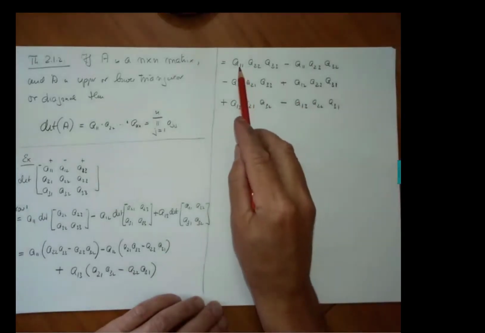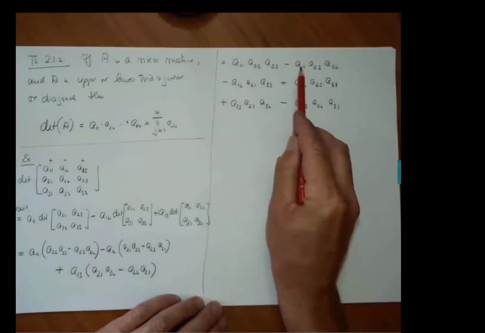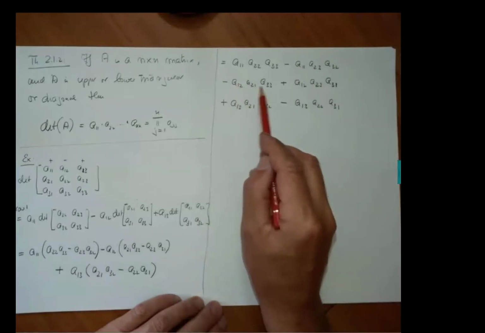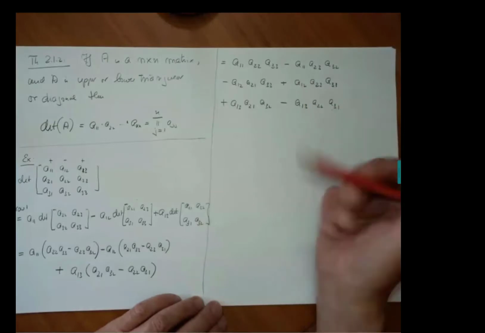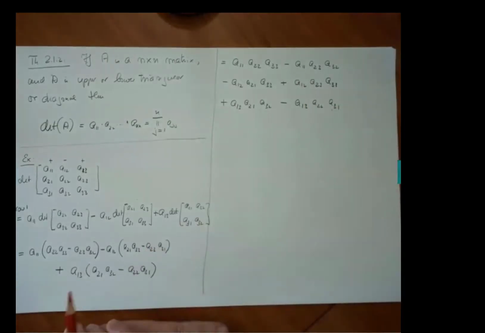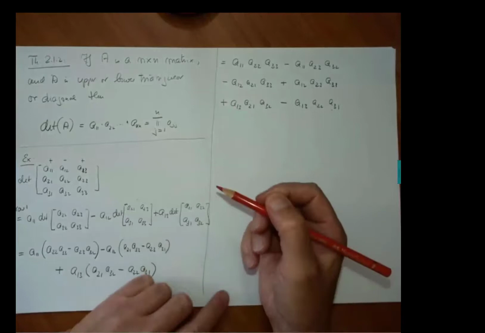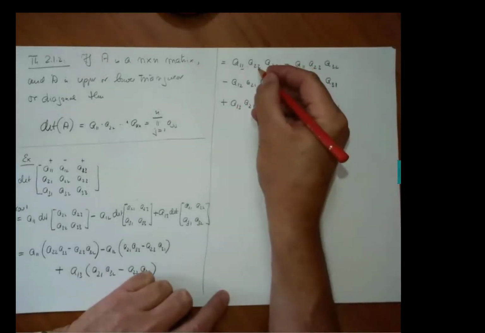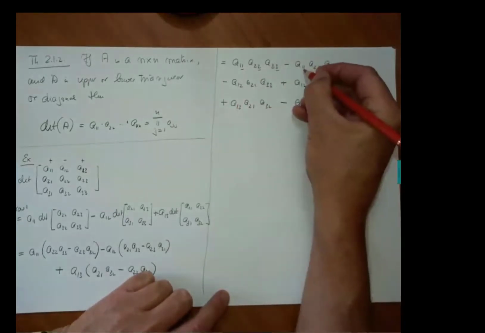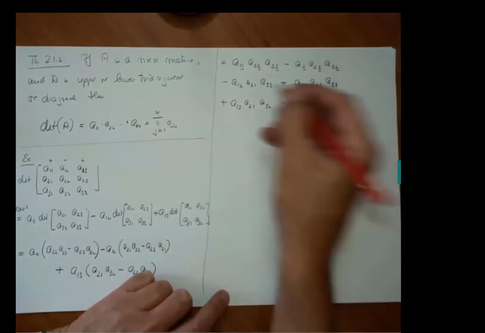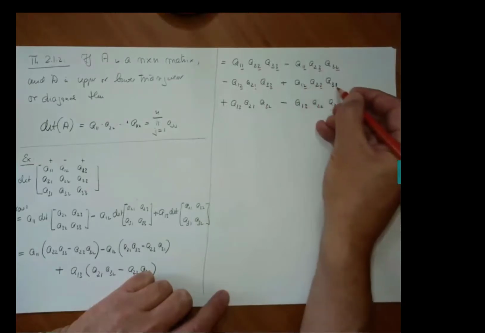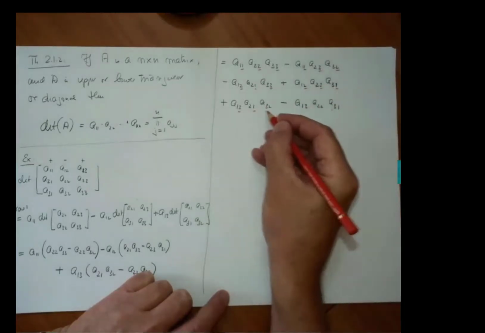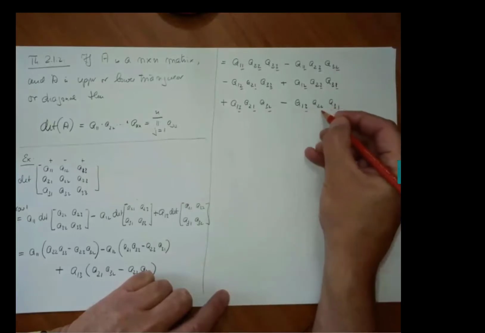When you look here, the first index is always 1, 2, 3. So what about the second number? 1, 2, 3. 1, 3, 2. 2, 1, 3. 2, 3, 1. 3, 1, 2. 3, 2, 1.